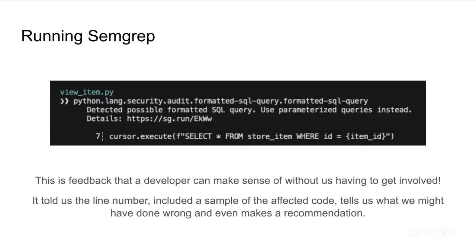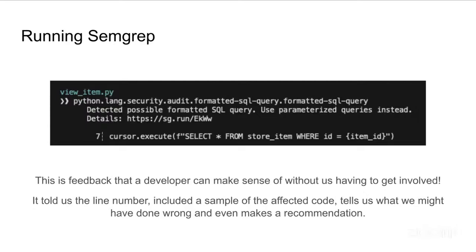So if we ran SemGrep on the piece of code we looked at earlier, this is what we would get. What we really like is that it tells you on what line the vulnerability was found, what piece of code it exists in, and it even gives you a single line suggestion on what you can do about it.